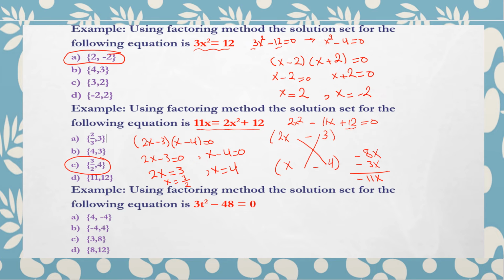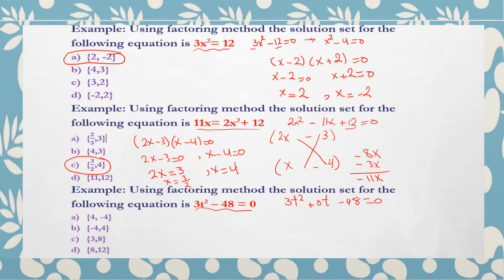Another example. Find the solution set for this equation, again, by transforming this equation into the standard form. We can get 3t squared plus 0t minus 48 equals 0.